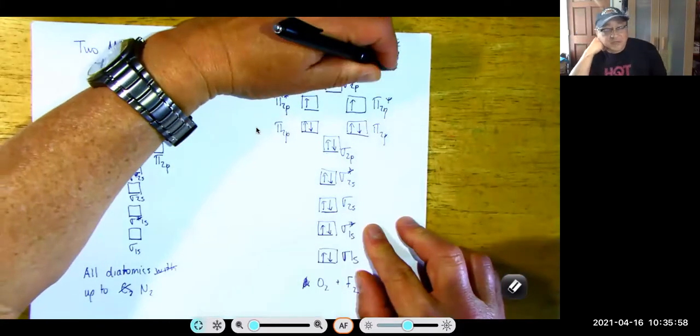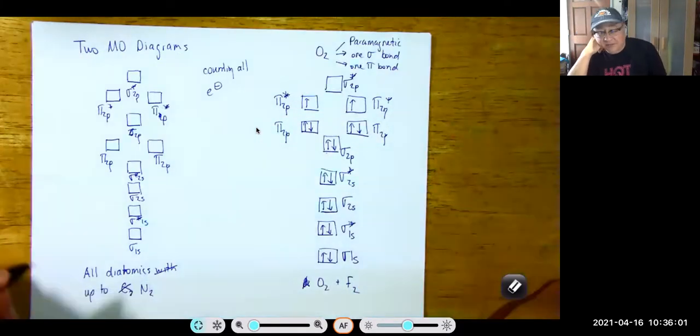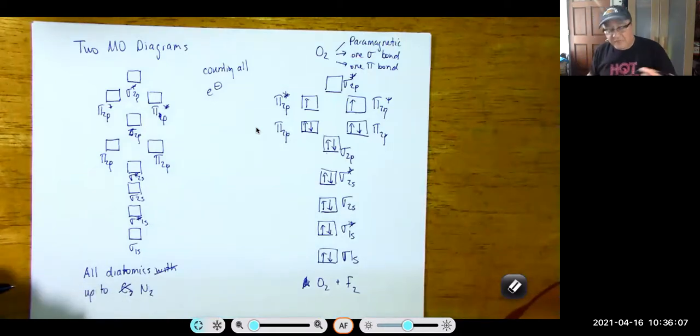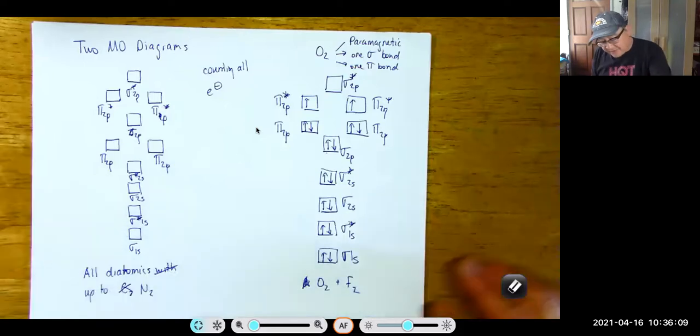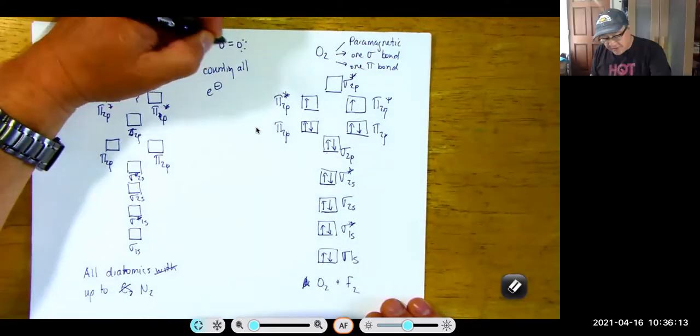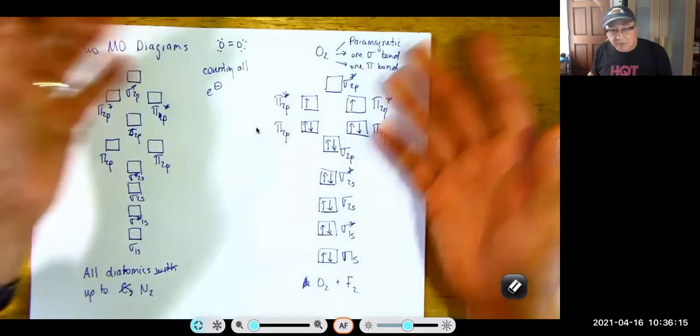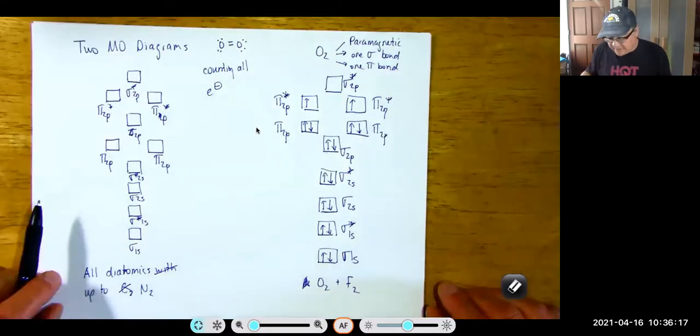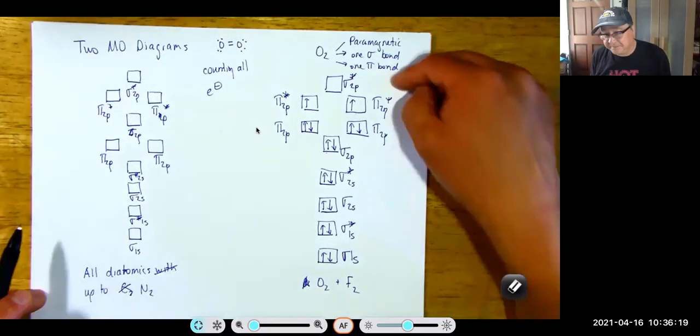And that's kind of what we expect for O2 using valence bond theory, right? With valence bond theory, we have the double bond. And we say, if there's a double bond, we know one of them is a sigma, one is a pi. This agrees with that.